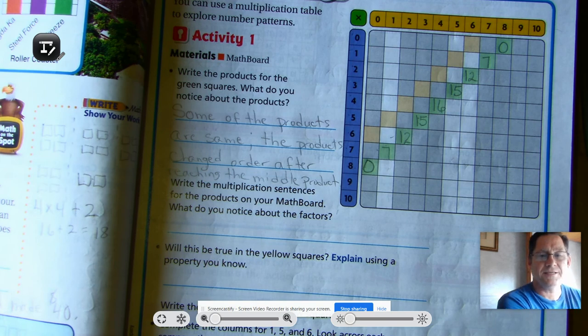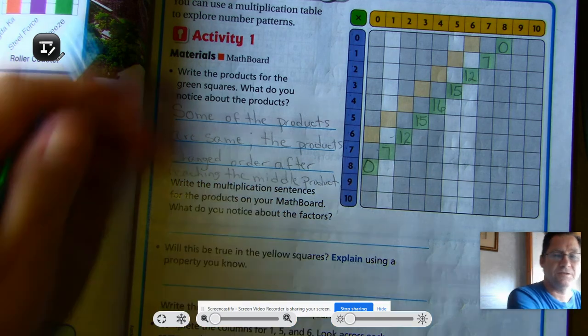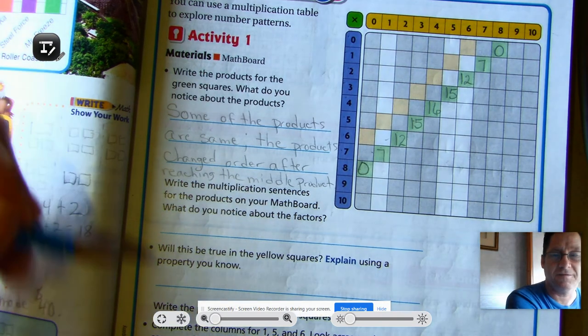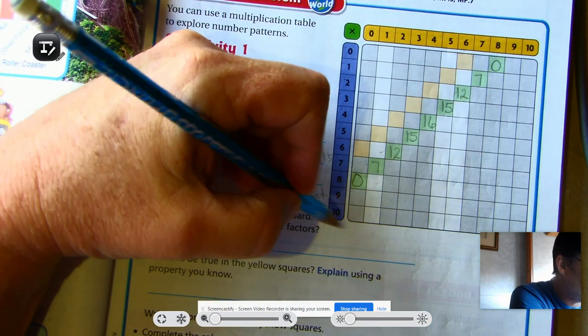Write the multiplication sentences for the products on your math board. So this is where you might need an extra piece of paper because they want us to notice something about the factors. So I'm just going to try to write mine on here.